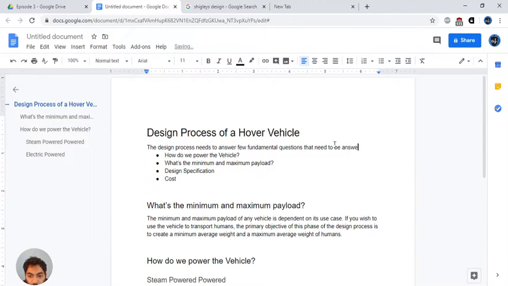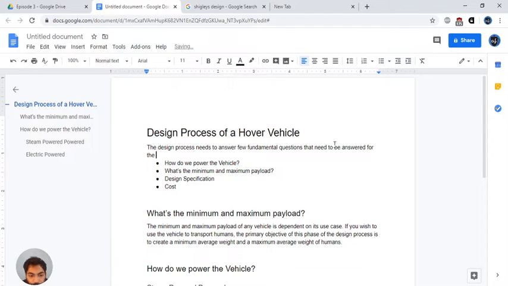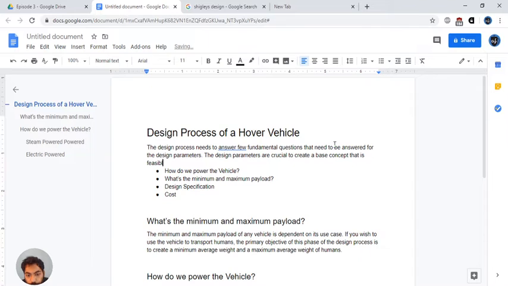The design questions that need to be answered for the design parameters. The parameters are crucial to create this concept that is feasible within the tools provided to the designer.